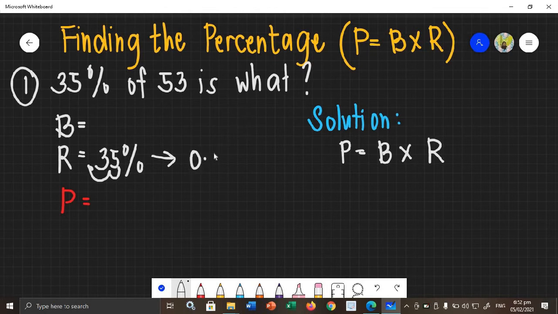So it will become 0.35. Okay? 53 is our base. Kasi as you can see nga, 35% of 53. So we need to multiply 35% by 53 para malaman natin kung ano yung number.